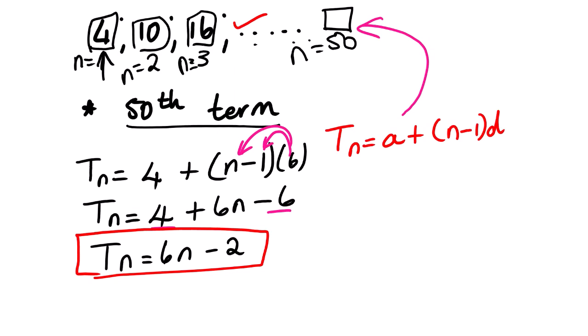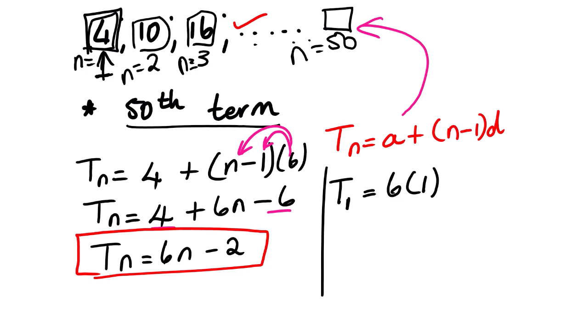We can quickly check whether the equation works. Let's say we are looking for term number 1. We can see that term number 1 is equal to 4. Where we see n, we put 1 to represent the position of the term. So T1 equals 6 times 1 minus 2. 6 multiplied by 1 is 6, minus 2 is equal to 4.